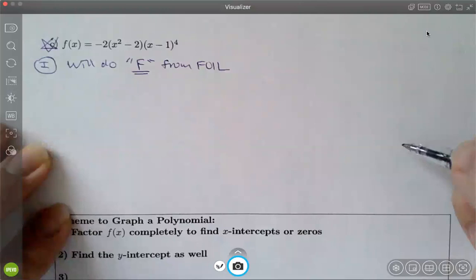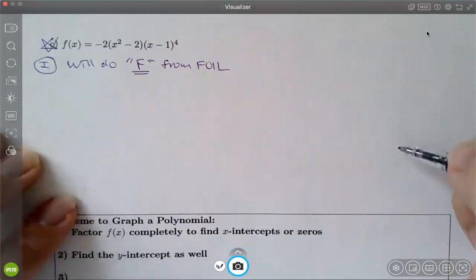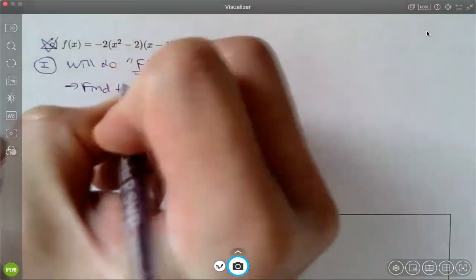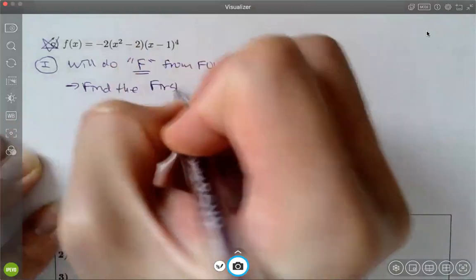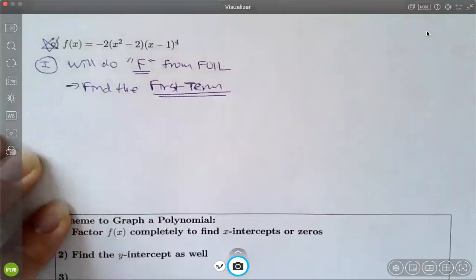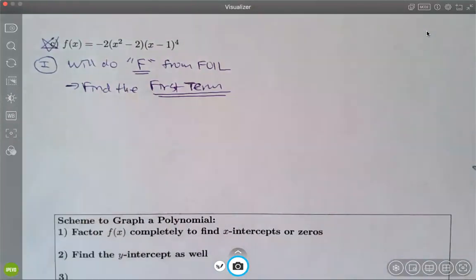Now, what does F from FOIL mean? It's not the prohibited F word, right? It means the first term. Now, let's say you want to FOIL this.